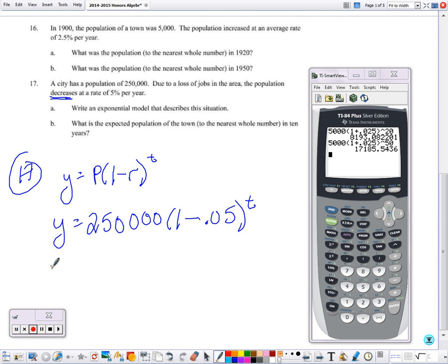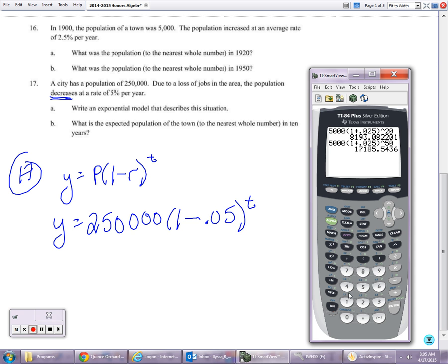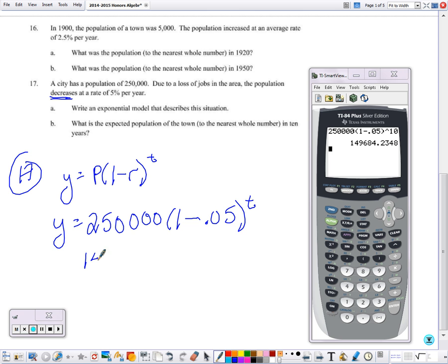And then for B, it is 10 years, so we're going to plug in 10. And we get 149,684.